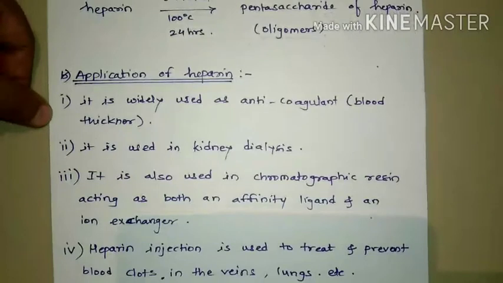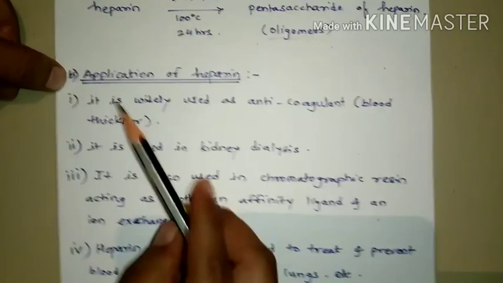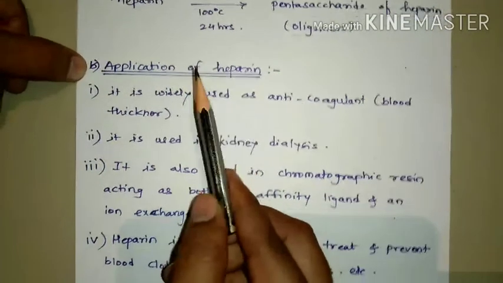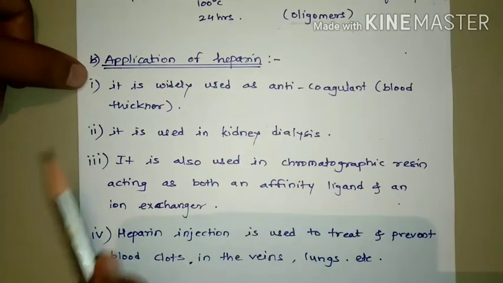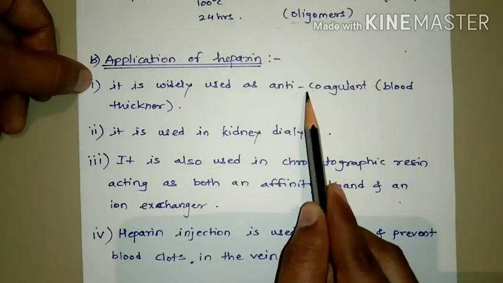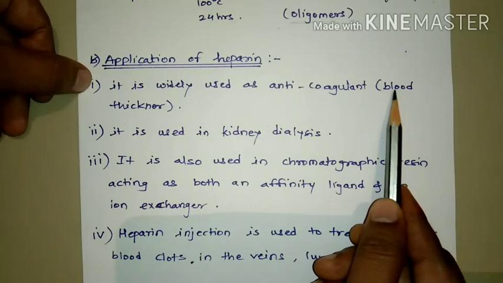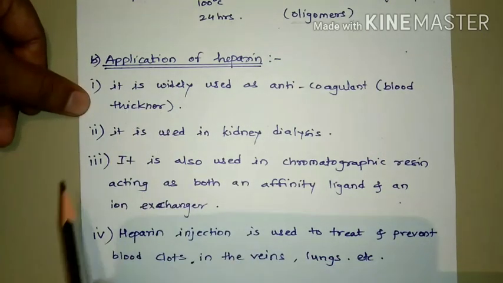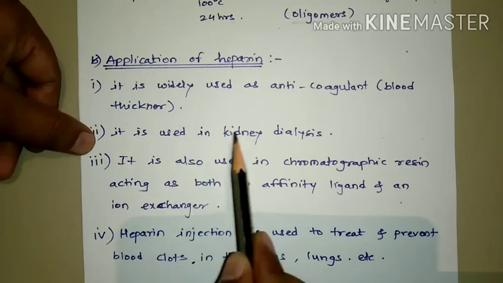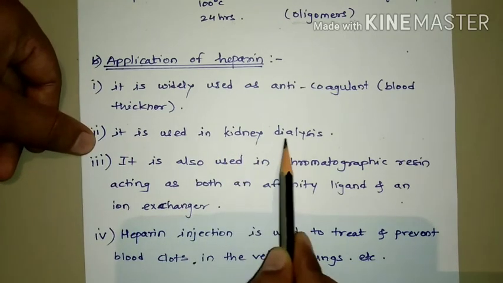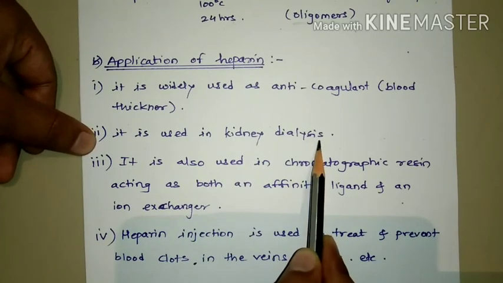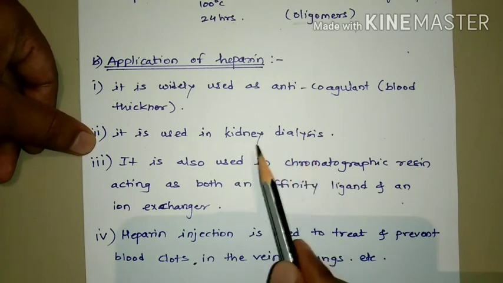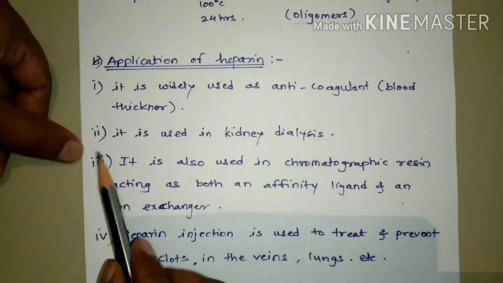Then the next point is application of heparin. In the application, first point, it is widely used as an anticoagulant, called a blood thinner. Second use, it is used in kidney dialysis. Dialysis means the filtration of the blood.